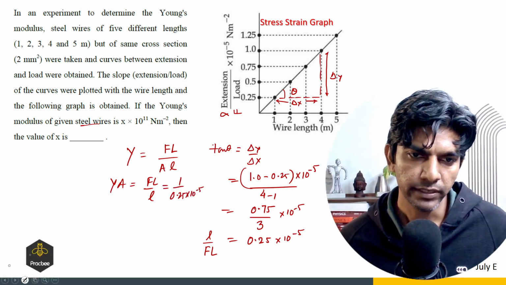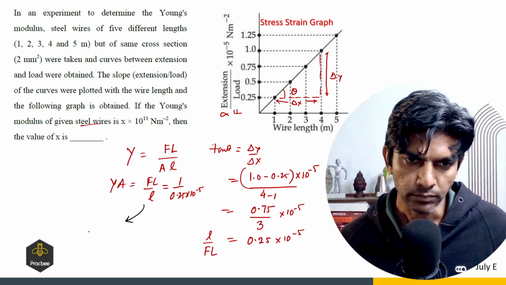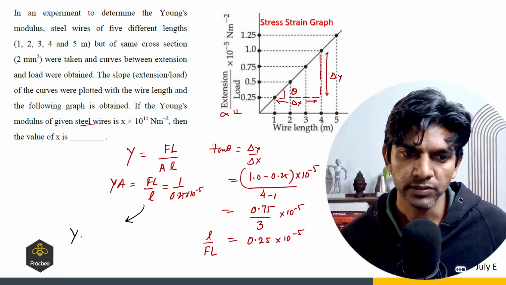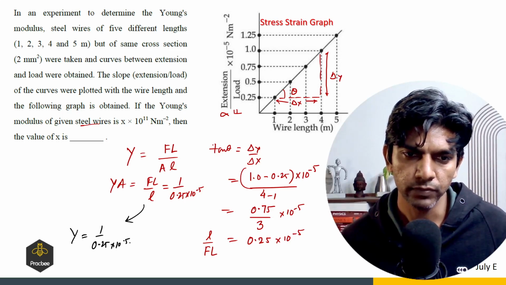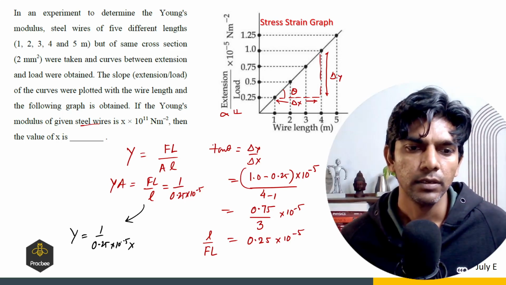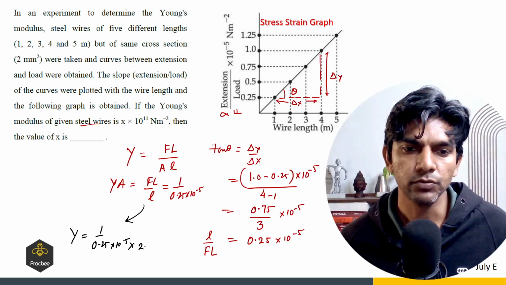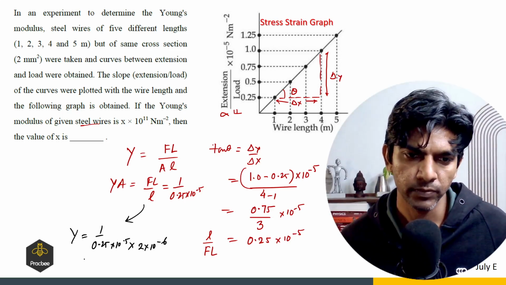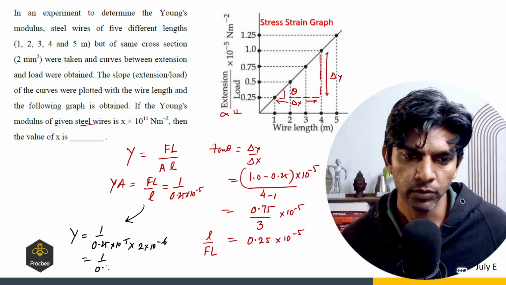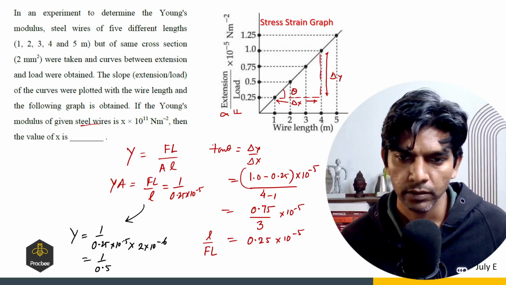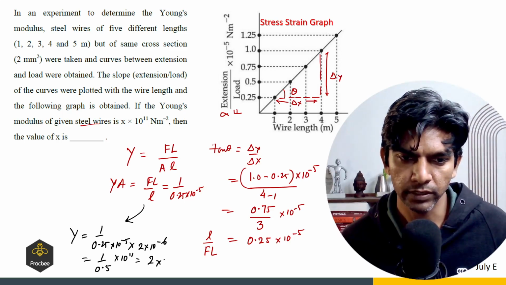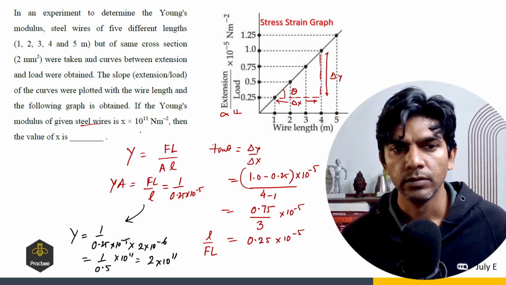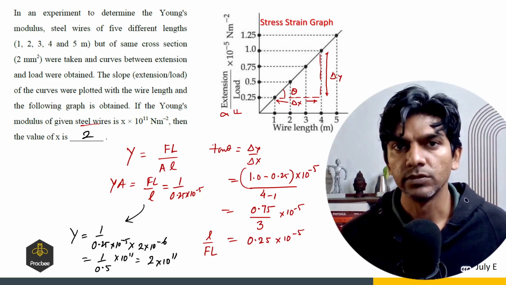Now from this data, Young's modulus will be 1 upon 0.25 into 10 raised to power minus 5 times the area of cross section. Area of cross section is 2 into 10 raised to power minus 6. So that will be 1 upon 0.5 times 10 raised to power 11, or 2 into 10 raised to power 11. So 2 is the answer of this question.